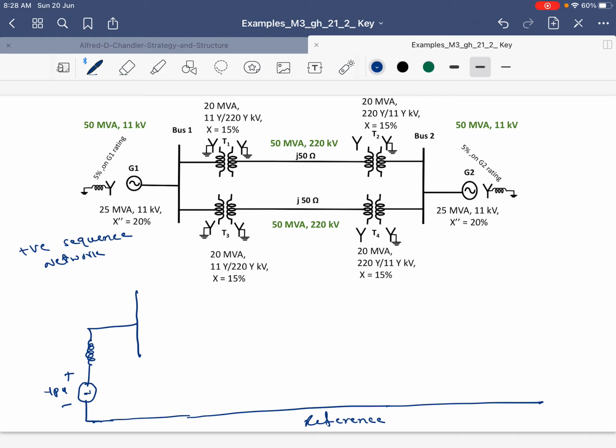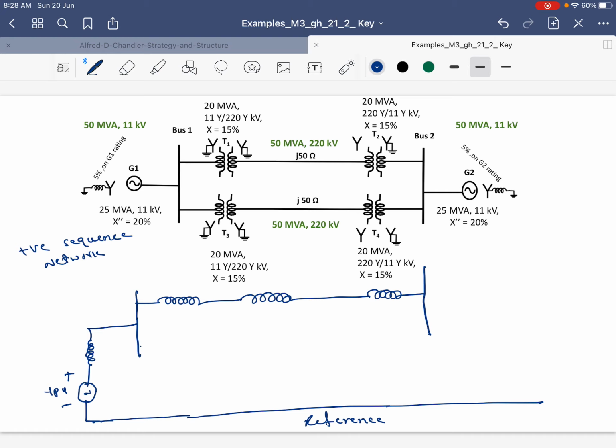The first one is transformer T1 I will draw, then the transmission line, then T2, then there is bus number 2 here.